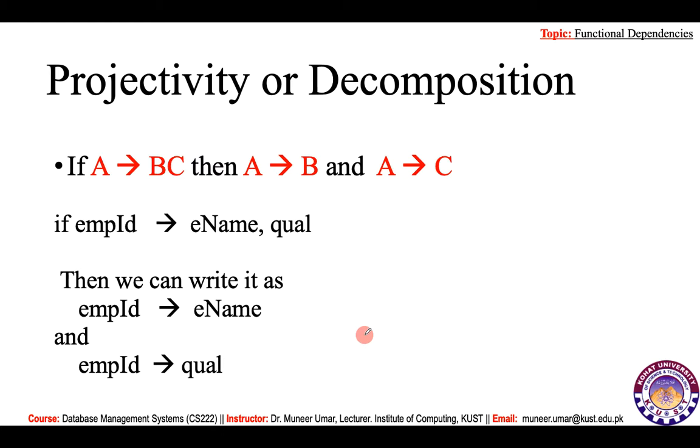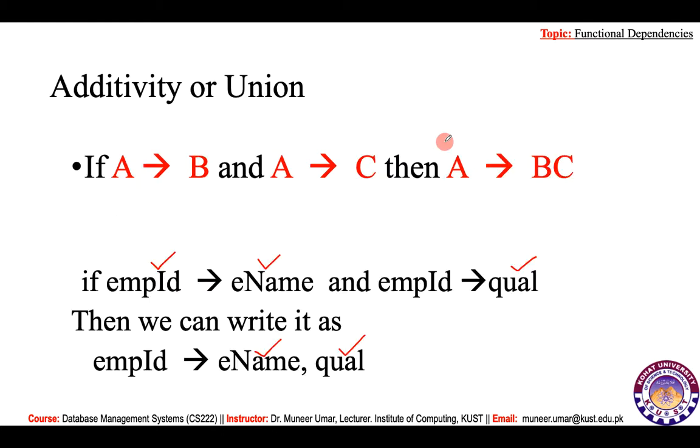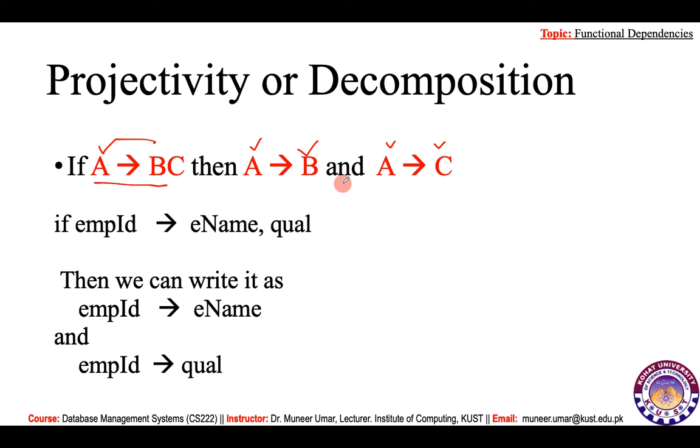Then we have projectivity or decomposition. Here we say that if A determines BC, according to this rule, we can assume that A will determine B as well as A will determine C. It is actually the inverse of the previous case. Previously we combined two attributes according to the given functional dependencies, and here we are going in reverse.